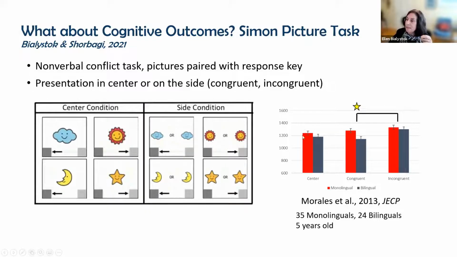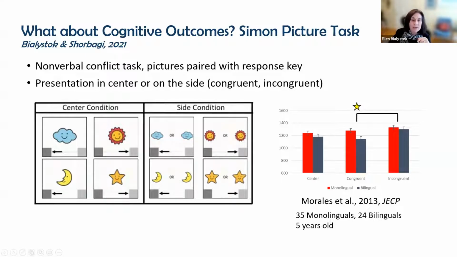In the center condition, where they just have to learn the rule, monolinguals and bilinguals performed equivalently. But on the side condition, where you had to resolve the conflict between the position of the correct key and the position of the stimulus, these are reaction times, so higher scores are poorer, lower scores are better. The bilinguals were faster and better.